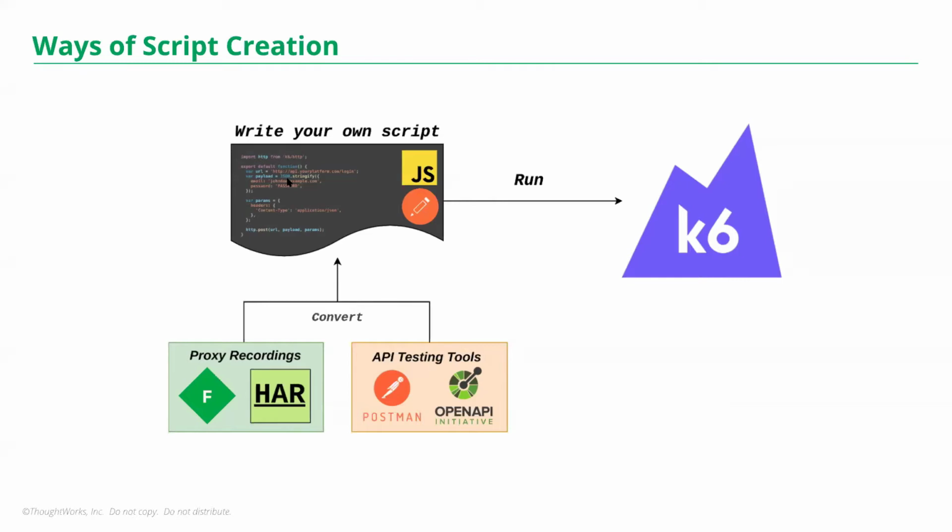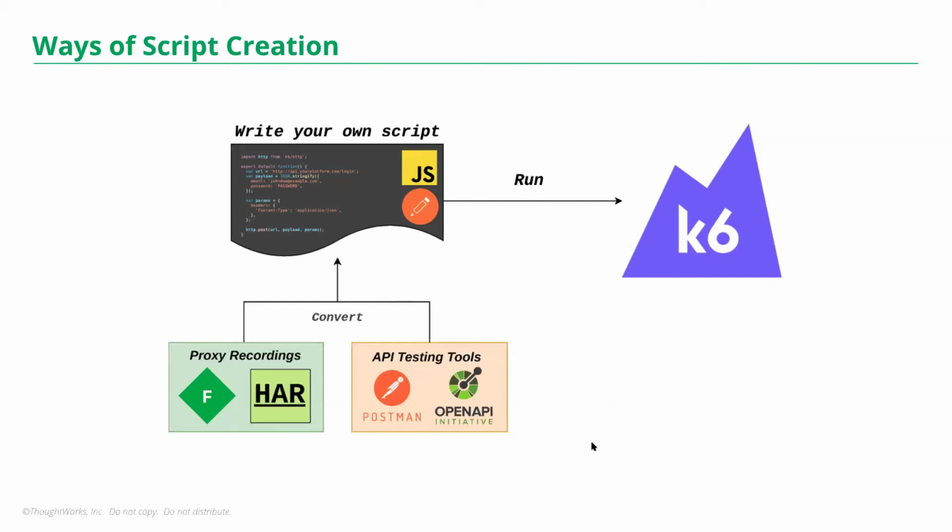But k6 also supports different kinds of converters. For example, let's say you have API calls or API collections in Postman, and you want to write the test for all or some of them. You can export that collection and use the Postman to k6 generator and convert those API calls to a k6 script.